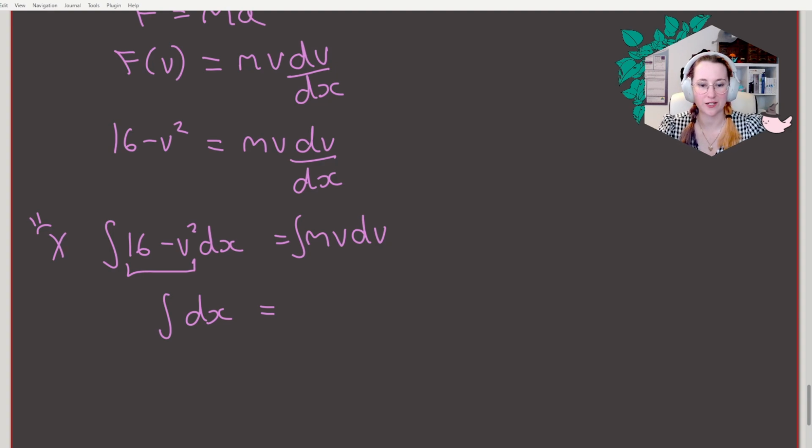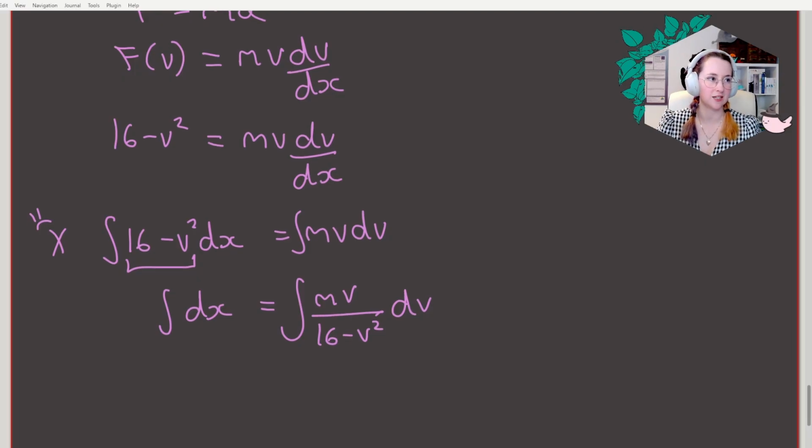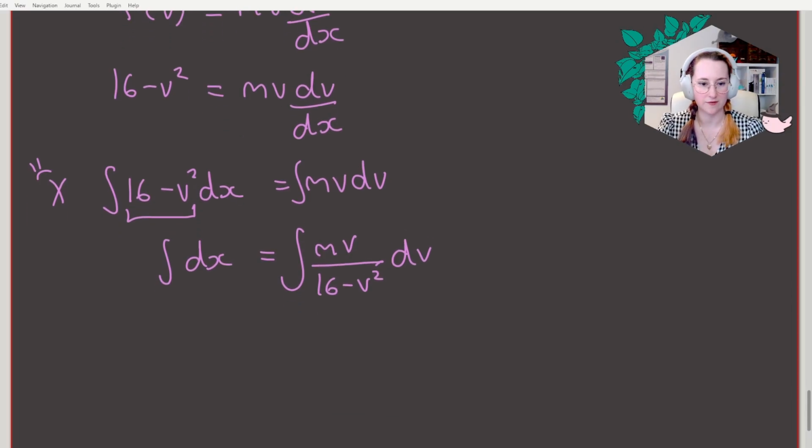Okay, so if we divide over, then we have the integral of mv over 16 minus v squared dv. That looks like something we can manage on the right-hand side, at the very least. Integrating nothing, it's not nothing, it's 1. So that's fine. I know what the integral of 1 is. Integral of 1 dx.